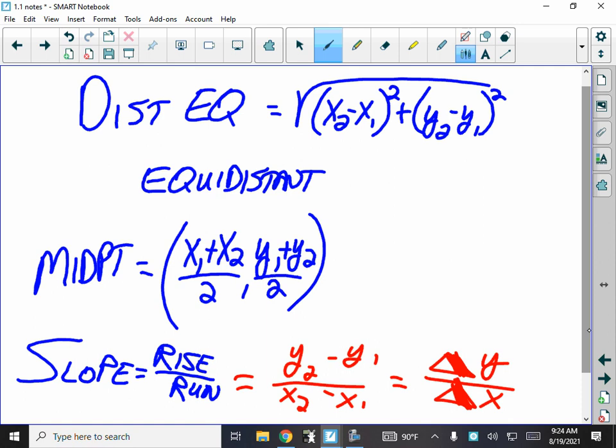Oh, and these are triangles with one heavy side. So it's delta y over delta x, and sometimes, like in college, some professors like to use that stuff, and you're supposed to know what it means.